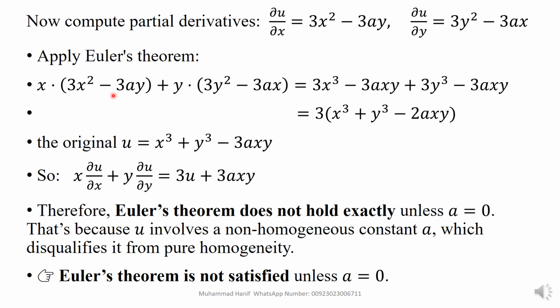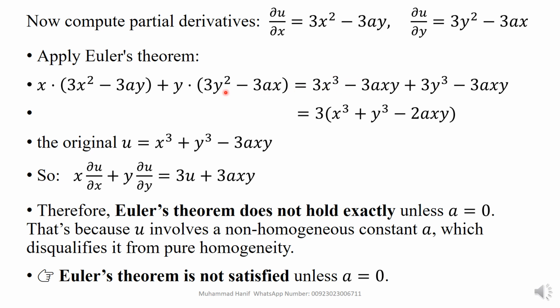Apply Euler's theorem. In x times the bracket ∂u/∂x, we write the bracket values, and plus sign, then ∂u/∂y, the value we get, we put here. Now we multiply this bracket: x multiplied by 3x², we get 3x³. Now the minus sign we write here, and x multiplied by 3ay, we get 3axy.